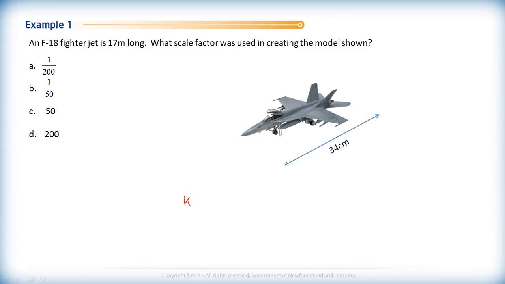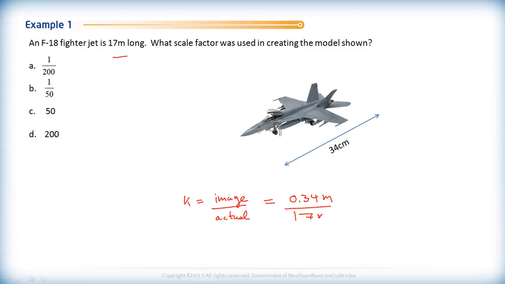We know that scale factor is just the length of the image over the length of the actual. In this case, our image is 34 centimeters. And the other one is given in meters, so let's go meters to meters. It might be easier. So 34 centimeters is 0.34 meters divided by 17 meters.